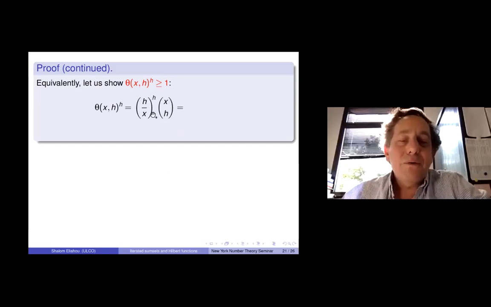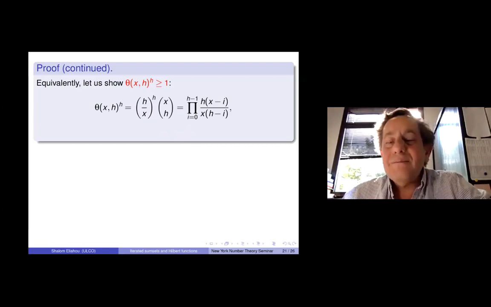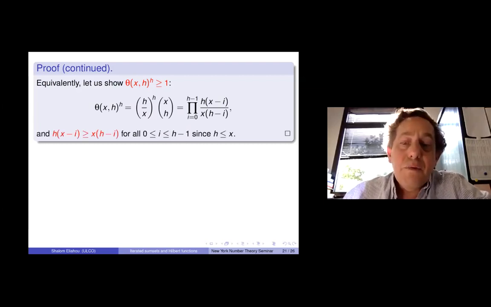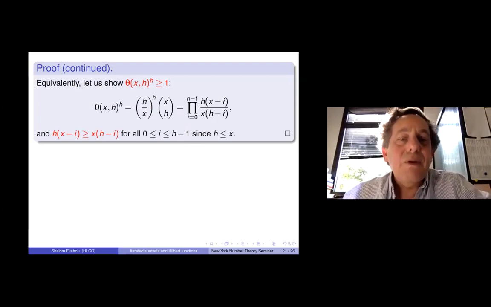So the power h was that by definition, and this was that by definition, and now it's simple enough. The numerator is at least as much as the denominator because of that, and here it is. So this gives the proof, and so we recovered Plünnecke.